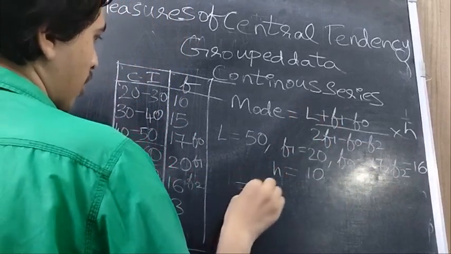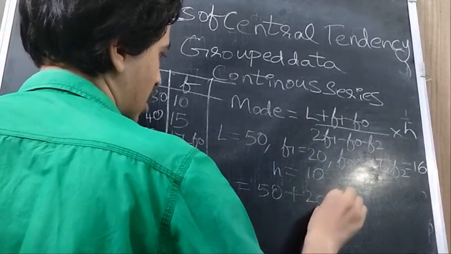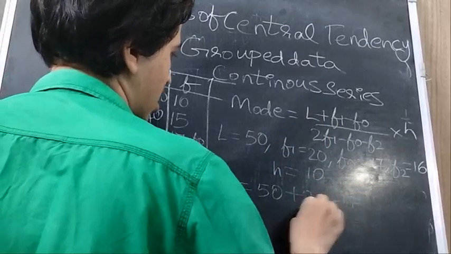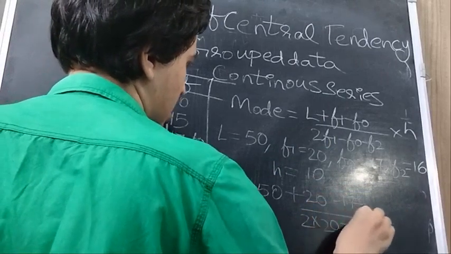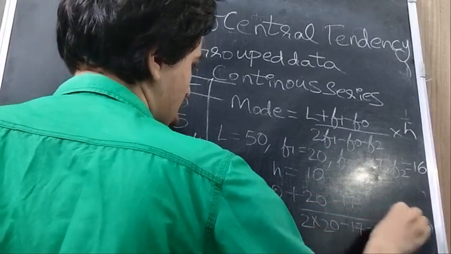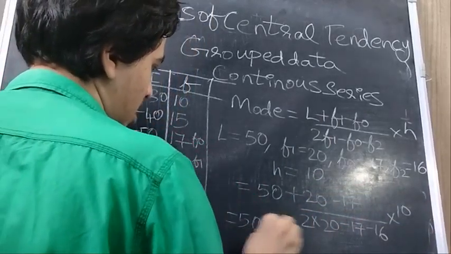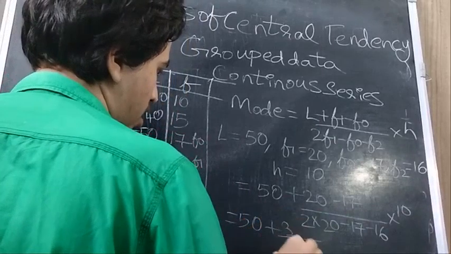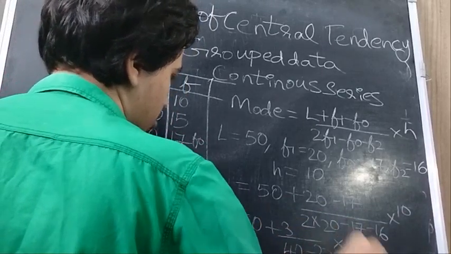Now substitute in the formula: 50 plus f1 20 minus f0 17 by 2 into 20 minus 17 and minus 16, into 10. What will you get? 50 plus 3 by 40 minus 33 into 10.